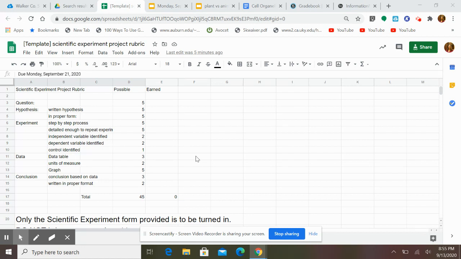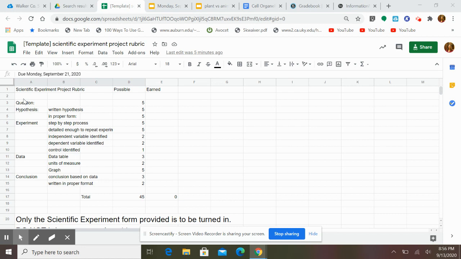Your assessment is due next Monday. However, throughout the week, you will be required to turn in pieces and parts of the assessment. For instance, today, you will be turning in your question. Your question has got to be a testable question, which means it is something that you are collecting data on.